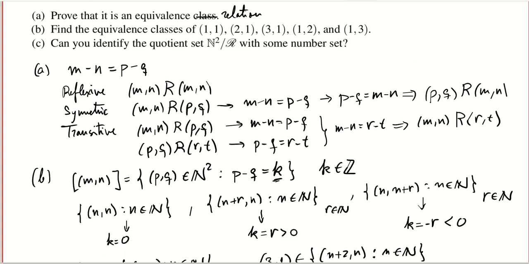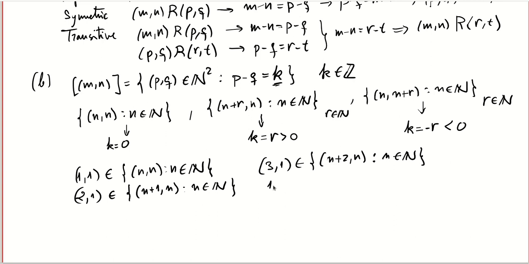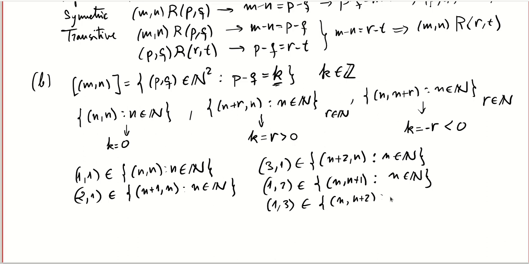And then we have (1, 2) and (1, 3). Now (1, 2) is (n, n plus 1), right? Because the difference is negative 1, right? So it's a class of this type. And (1, 3) belongs to this class.